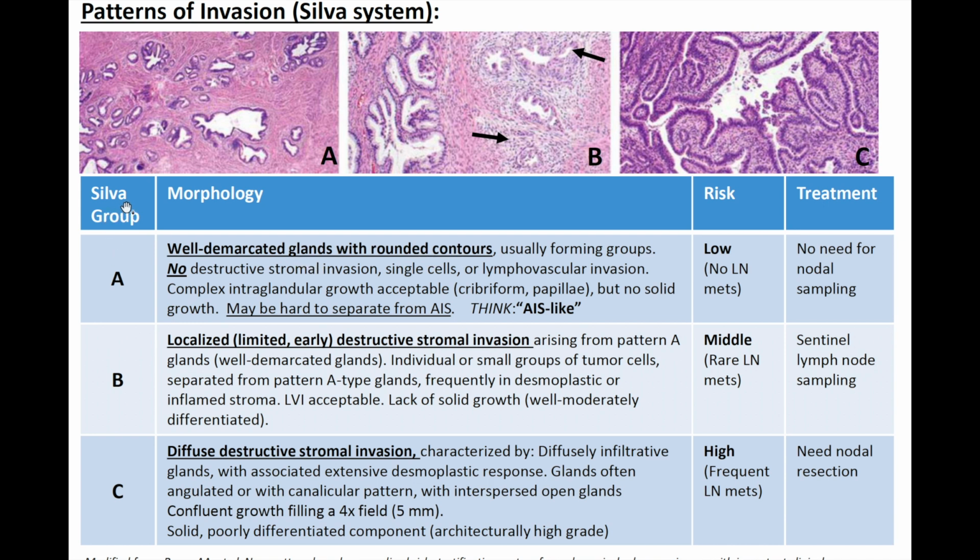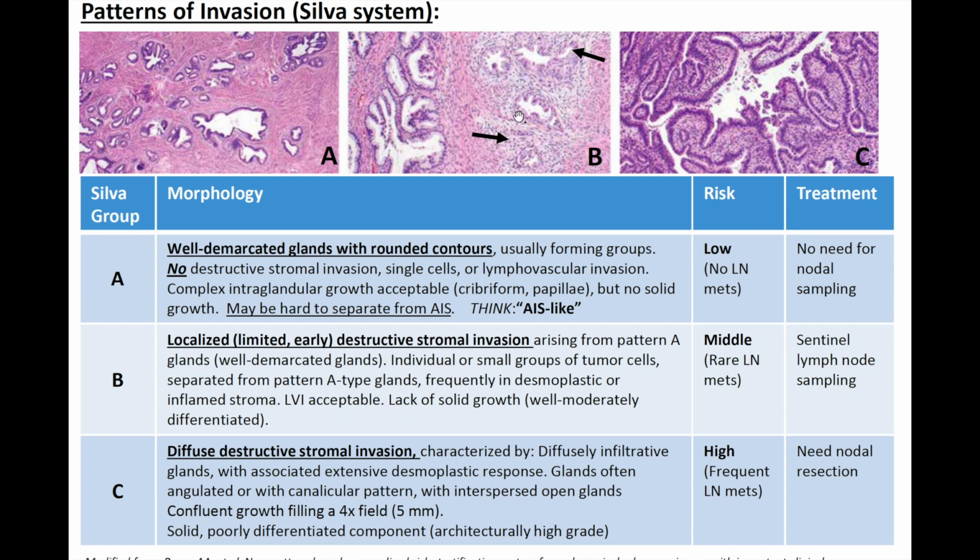So for Silva group B, and here's an example of Silva group A on the left. So kind of like AIS, very similar, you can think of it as that, with no destructive stromal invasion. Silva group B has localized, limited, or early destructive stromal invasion arising from pattern A glands, which are well-demarcated glands.